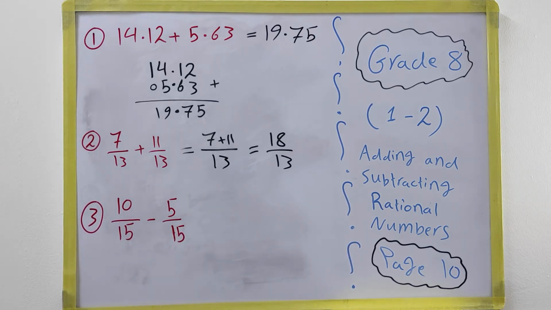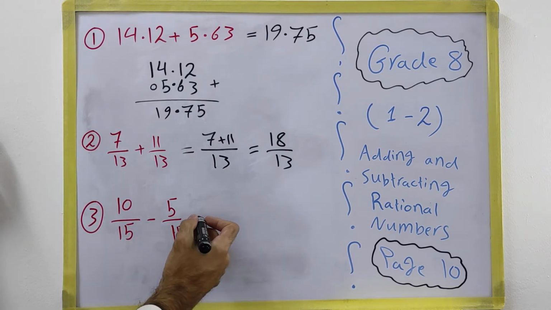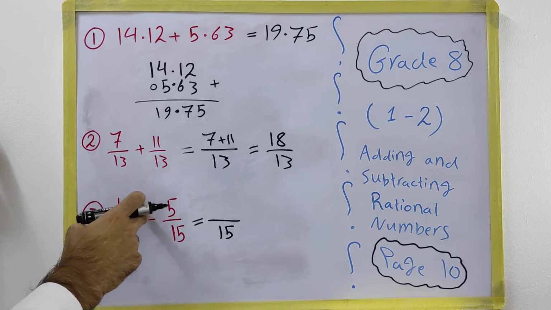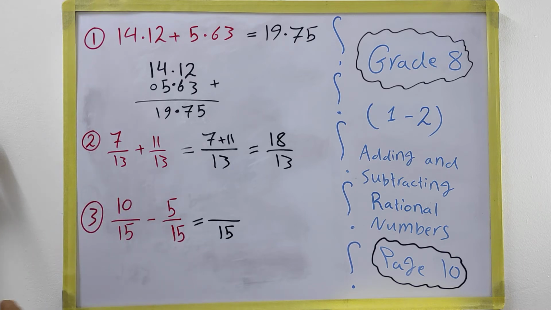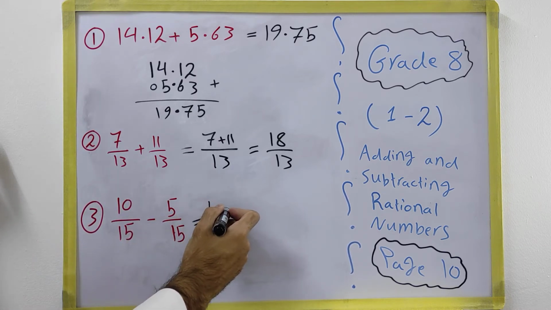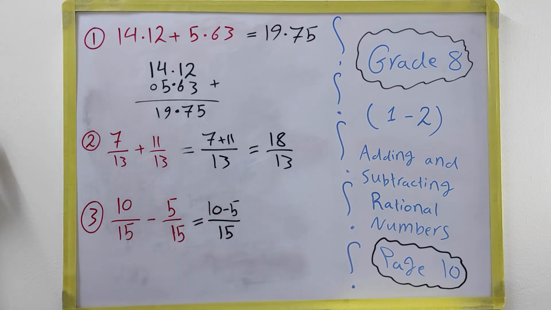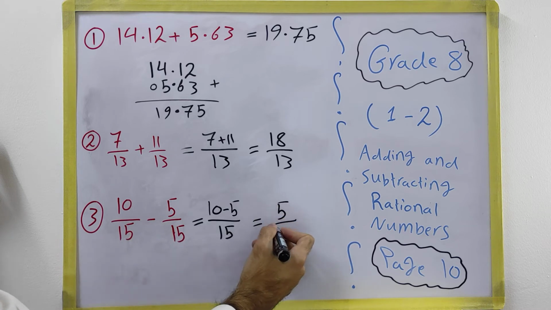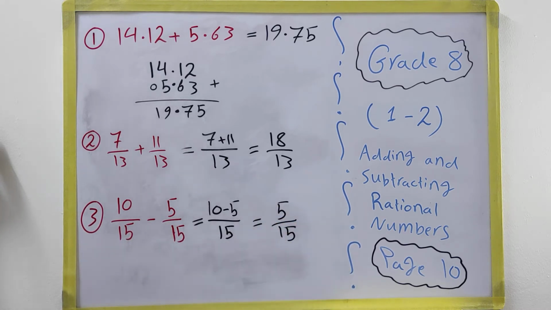In this case again, as we said, we always look for the same denominator. If we have it, we directly write the denominator, which is 15 here. We subtract the numerators because we have minus between them. 10 minus 5, which would be 5 over 15.